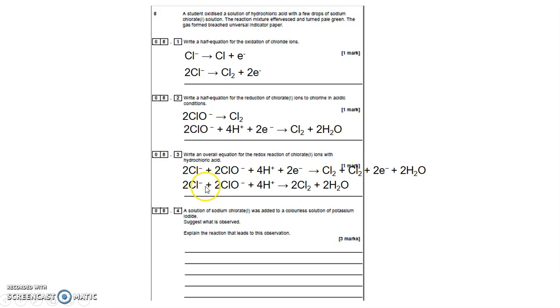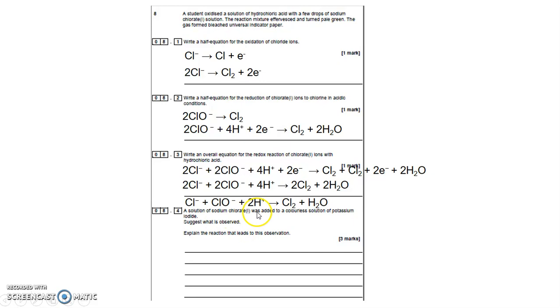The electrons cancel, and that's why I've cancelled them out here. I've also combined Cl2 and Cl2 to make 2Cl2. So I've just simplified it. Now notice I've got 2, 2, 4, 2, 2. I could divide through by 2 and make Cl minus, ClO minus, 2 H pluses, so I've divided the 4 by 2, Cl2 and 2H2O, and I've now got an overall equation.